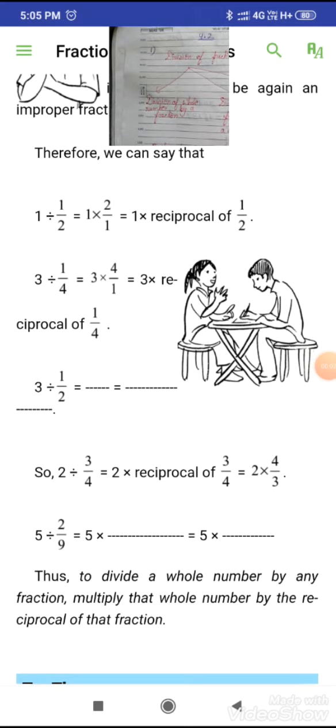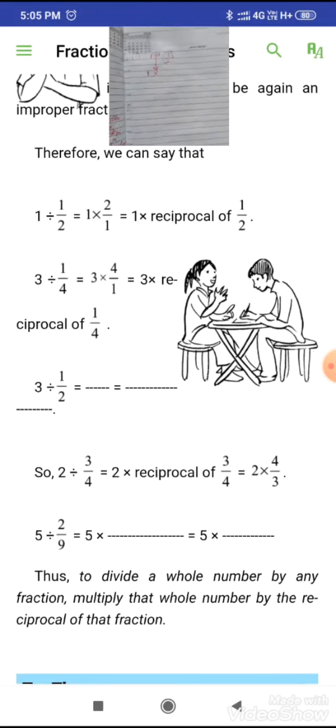So now start first kind of division of a whole number by a fraction. For understanding this kind of fraction, let's take one example for this. Here we have to divide 1 by 1/2. 1 is a whole number and 1/2 is a fraction. For dividing a whole number by any fraction, we have to multiply that whole number by the reciprocal of that fraction.